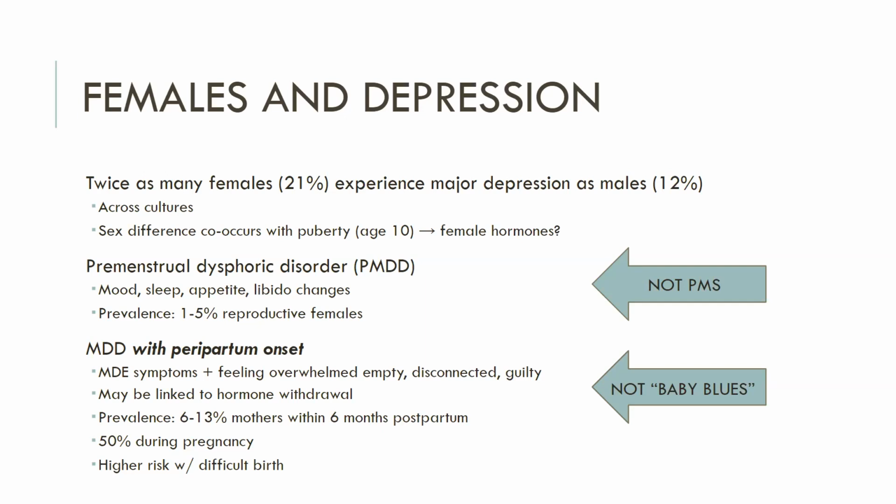So partum means birth and peri means around. So a person could actually be diagnosed with this during pregnancy, and about 50% of cases occur during pregnancy, but the person could also be diagnosed postpartum as well. So more commonly, you'll hear this referred to as postpartum depression, but again, that name's a bit of a misnomer because this can happen during pregnancy.